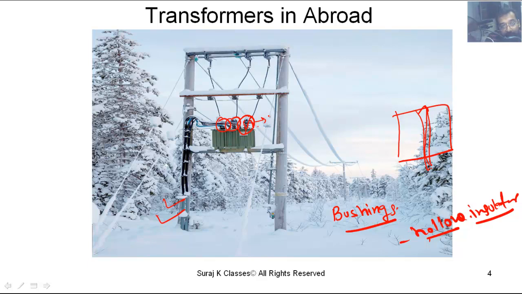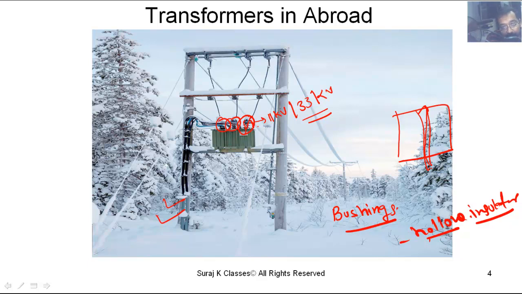Because the voltage level we are talking about here is 11 kV, 33 kV, these are big in number, and you don't want any negligence, in order to avoid any accident or sparking or failure of this transformer.